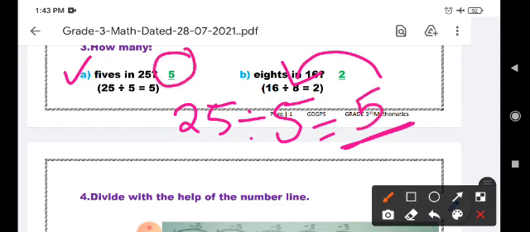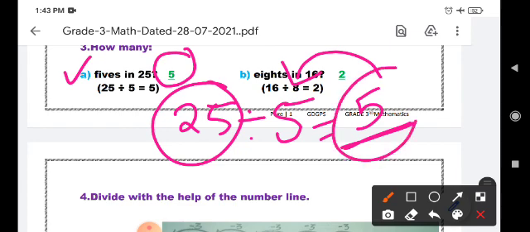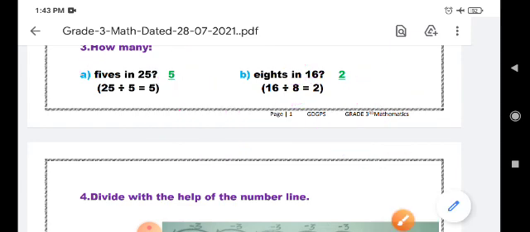Another trick is repeated subtraction you can do to find it. But in order to save time, just look at the factor that gives you 25. 5 fives are 25. And we know when we divide 25 into 5 groups, each group will have 5 numbers.